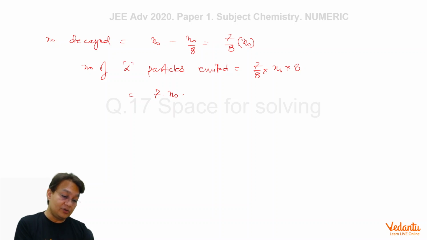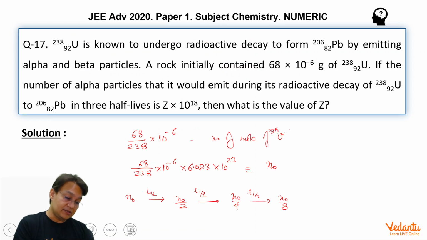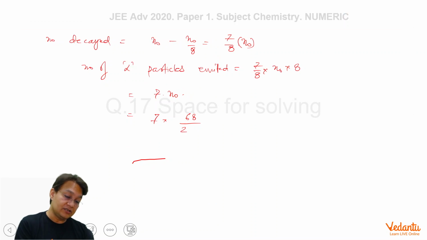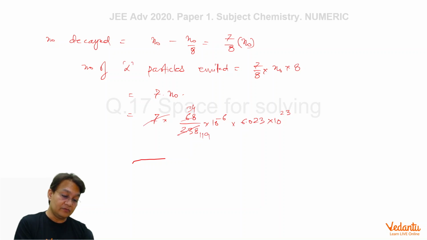Now let us substitute the value of N0 here. 7 into, as you can see, the value of N0 was 68 upon 238 into 10 to the power minus 6 into 6.023 into 10 to the power 23. So upon solving, you can see the common factors here, 34, 119, this is 17 and this is 2.